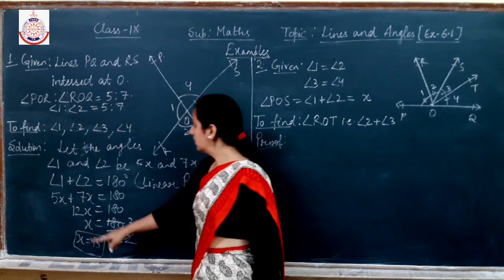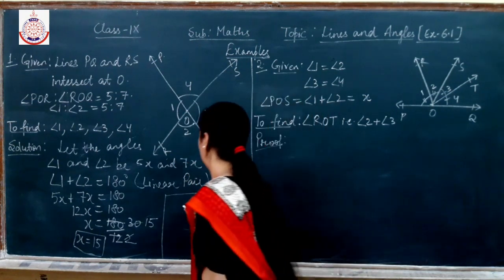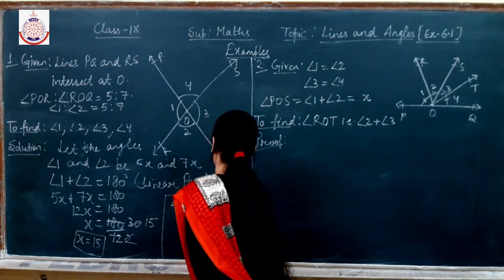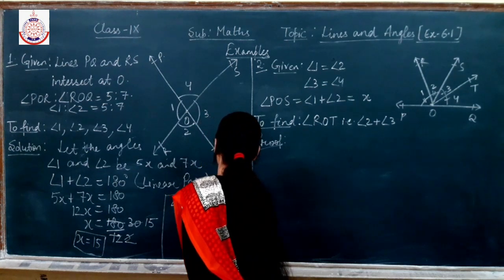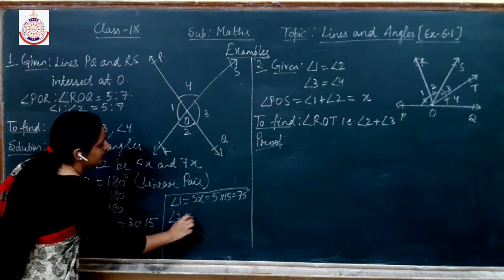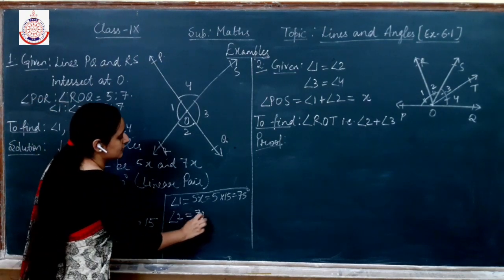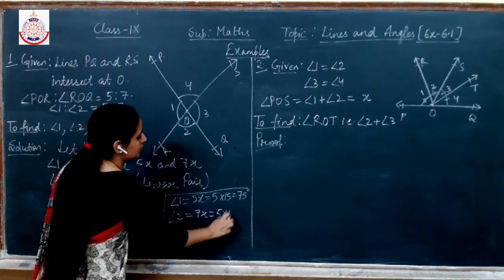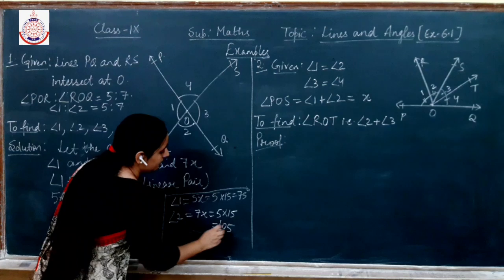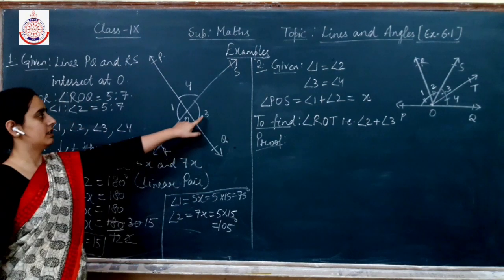That means my angle 1 is equal to 5x, that means 5 into 15, that is 75 degrees. Similarly, angle 2 is 7x, so 7 into 15, that is equal to 105.